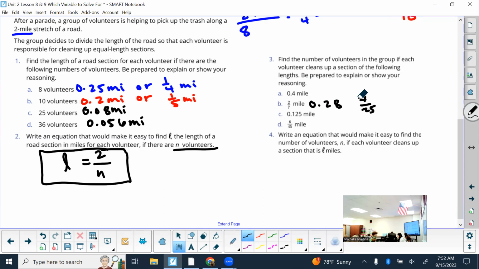Can someone help us out for B, 2/7 of a mile? How many volunteers would that actually be for B? Okay, someone whispered to me 7. Okay, some are affirming. How did you guys get that?